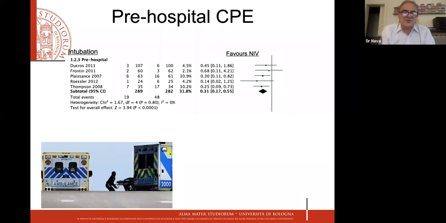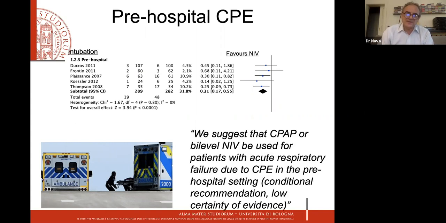It was quite surprising to me to see that there were at least 6 randomized controlled trials about the use of any form of non-invasive support, including CPAP or better NIV, in the ambulance or directly at the home of the patient. And we ended up suggesting that CPAP or bilevel NIV should be used for patients with acute respiratory failure due to cardiogenic pulmonary edema in the pre-hospital setting.